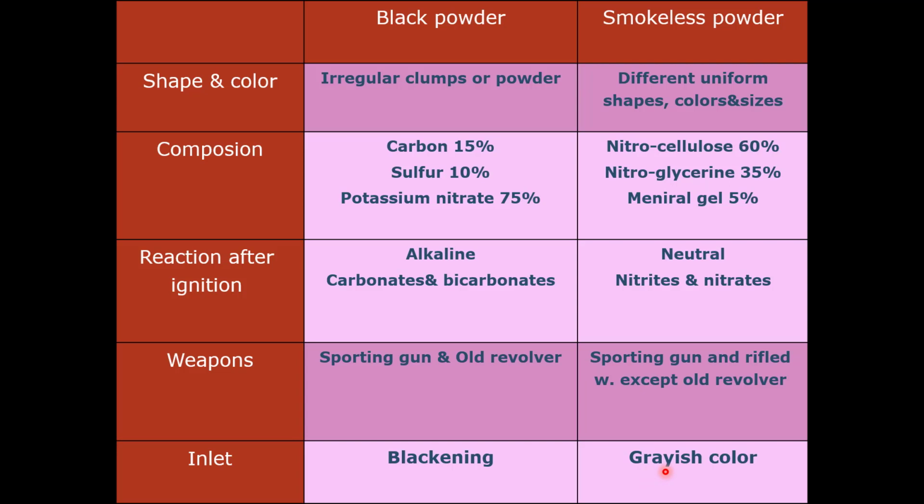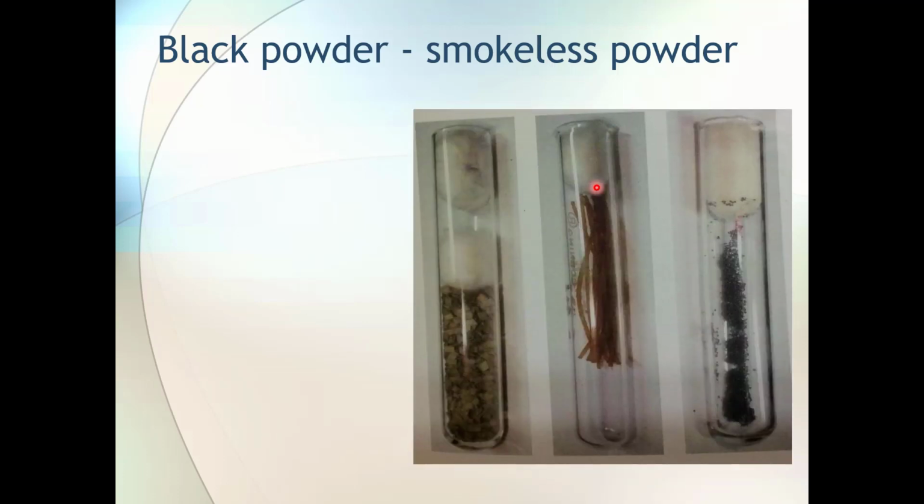The shape of black powder is in the form of irregular clumps or powder, but smokeless powder takes different shapes, uniform in shape, color, or size. It may be in the form of scale, gravel, or cordite.